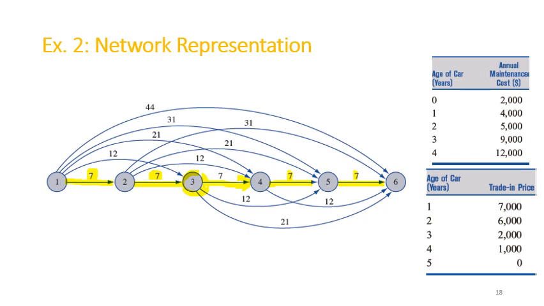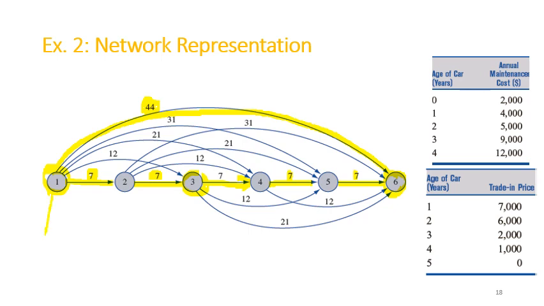Now let's try to check the other extreme. If I buy a new car at the beginning of year 1, and then I use it all the way until the end of year 5 or the beginning of year 6, let's check if the cost is 44.